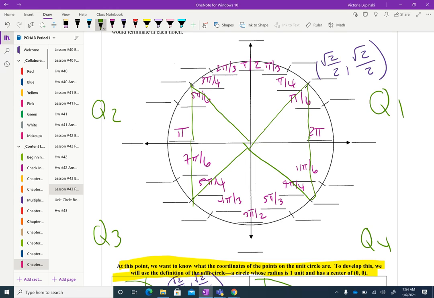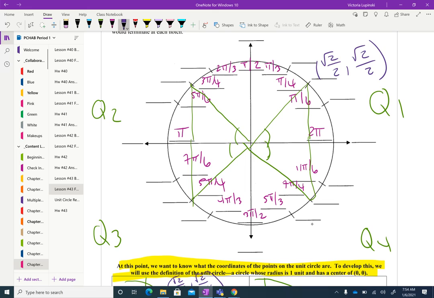They all have the same reference angle, which is what we talked about last time. So they're all going to have the same exact x and y distance. The only difference is that the positivity and negativity change based on the quadrant.